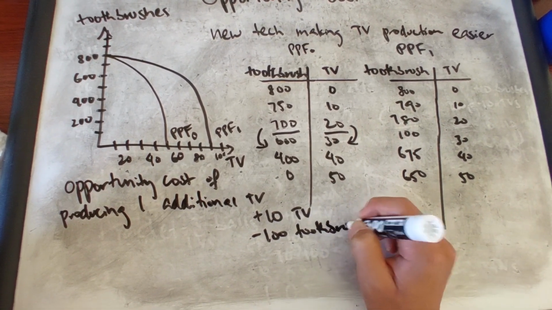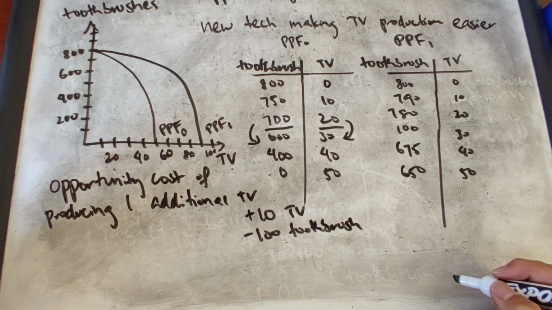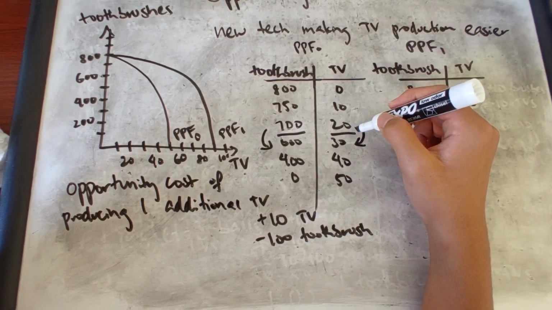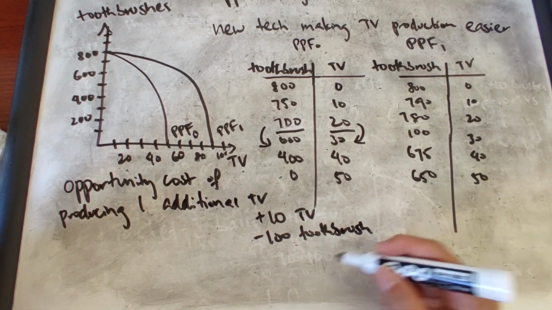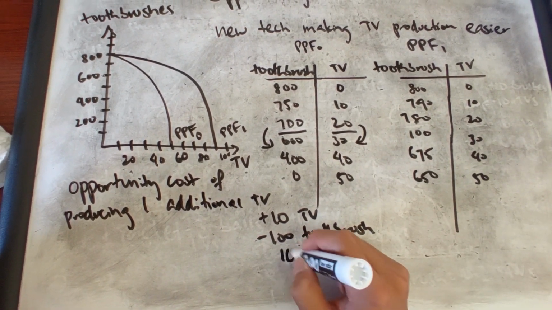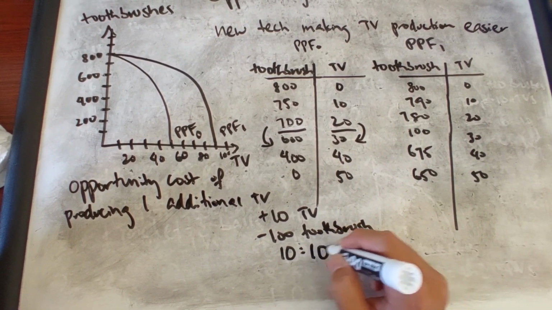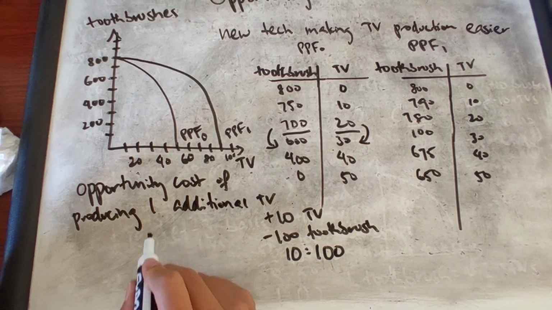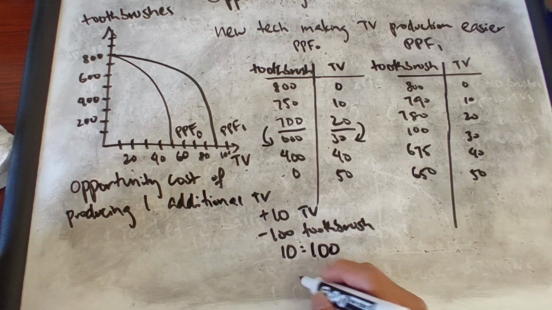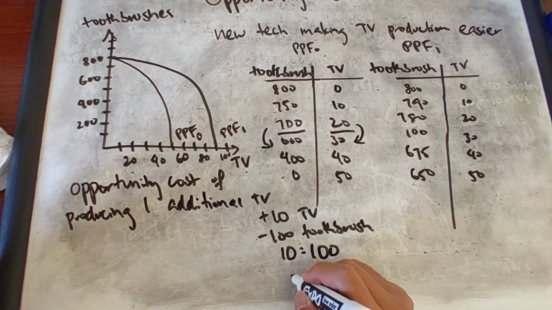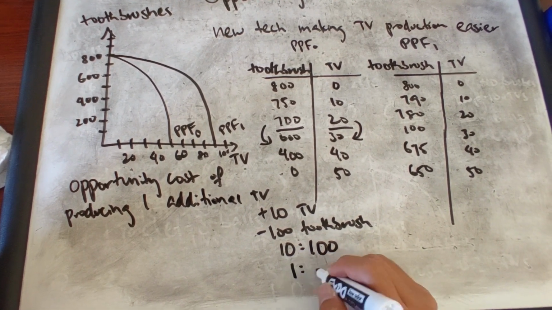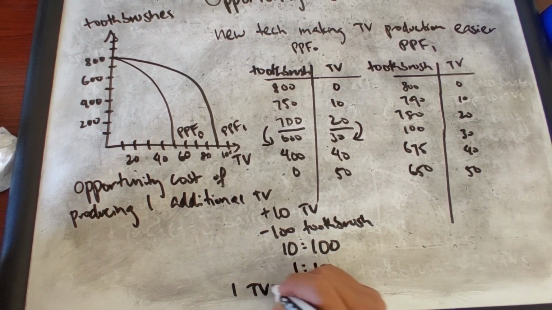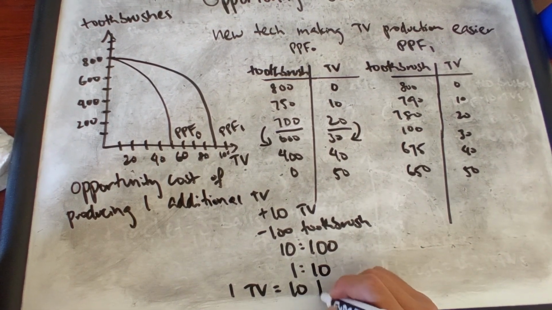So at the state of the company at the moment, when they're producing 700 toothbrushes and 20 TVs, the ratio of the opportunity cost would be 10 TVs to 100 toothbrushes. And because we're trying to find the opportunity cost of producing one additional TV, we simplify this. So the TV part of the ratio would be 1, and that would be 10 toothbrushes. So 1 TV would be equal to 10 toothbrushes.